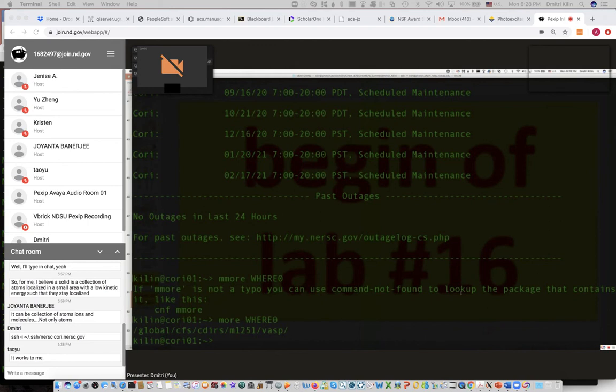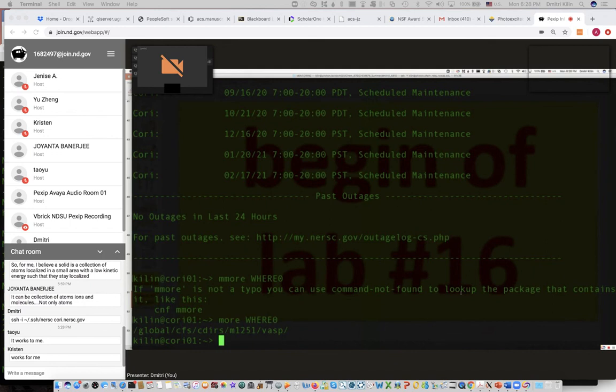Just when you are already on the photon, type this command. Okay. In the photon means I have to go directly with SSH.